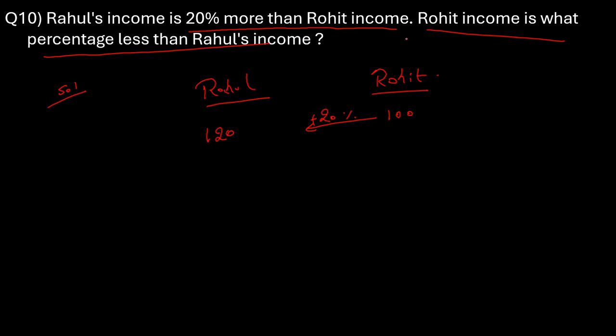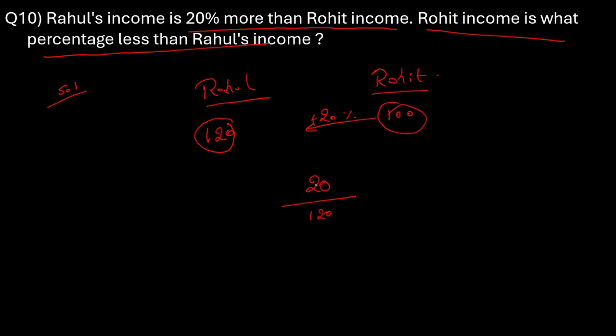So, we are asked to find out Rohit's income is what percentage less than Rahul's income. So, look at this, guys. Rahul's income is 120 and Rohit's income is 100. When I compare Rohit's income with Rahul's income, Rohit's income is 20 rupees less with respect to 120 rupees.